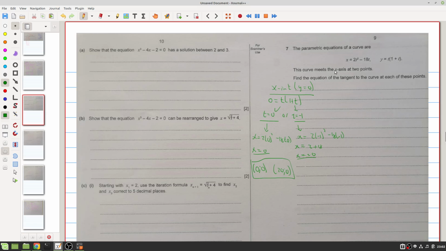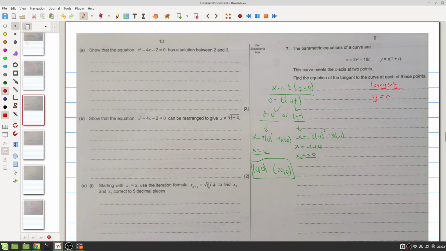Okay, now find the equation of the tangent to the curve at each of these points. So a tangent line, what equation does a tangent have?